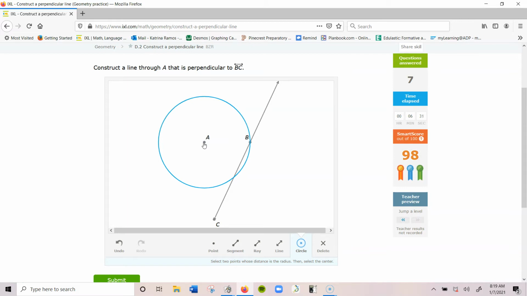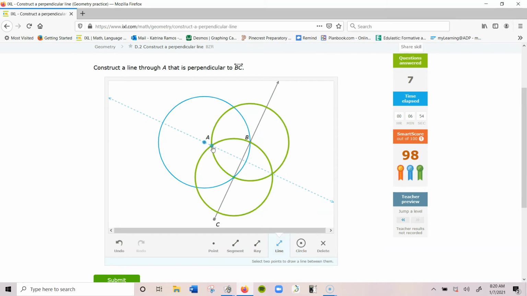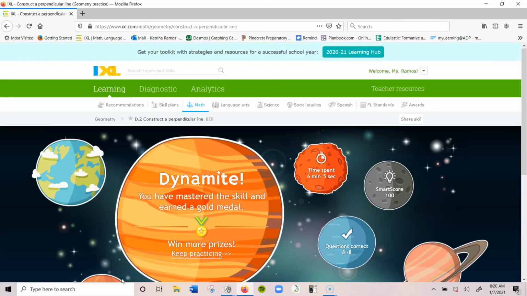Now we need to create 2 other circles, and those 2 circles are created by this point of intersection and this point of intersection. So we're going to click on this dot, and you put that circle right there. Then we do the same exact thing, but we center it now at the other point. And then the perpendicular line goes from A to where those 2 circles intersect.